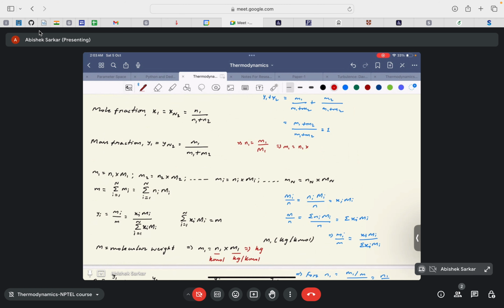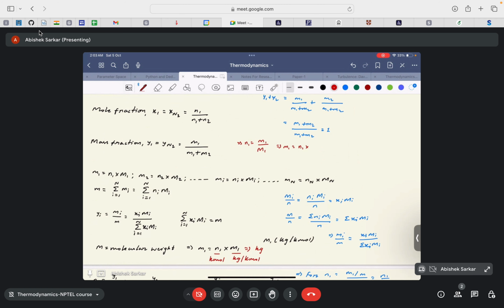Similarly, if you want to find yi, where yi is the ratio of small mi over small m, the mass of a particular gas over the mass of the total mixture, then it can be written as xi into Mi over the summation of xi Mi, where i varies from 1 to n. How did we derive it? I guess this was discussed by Professor Anand in the lectures as well.